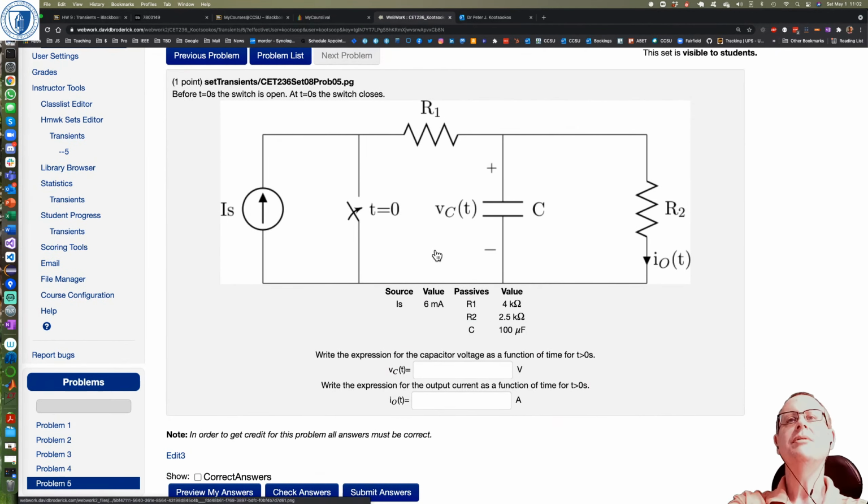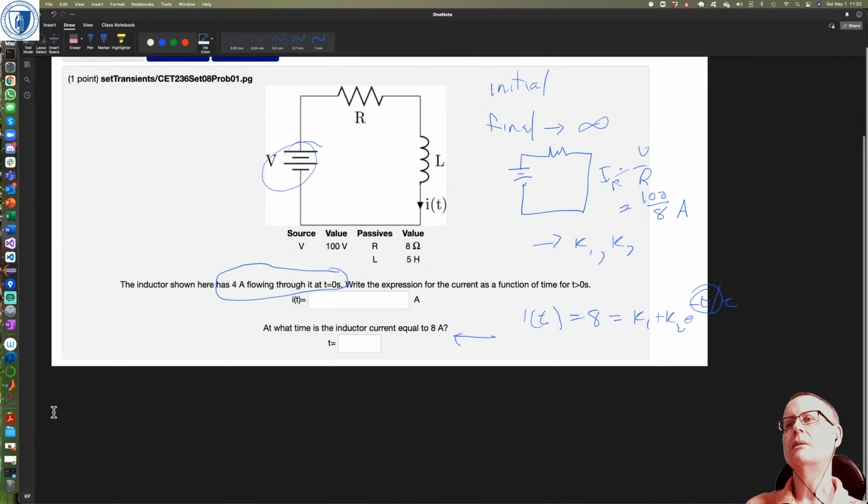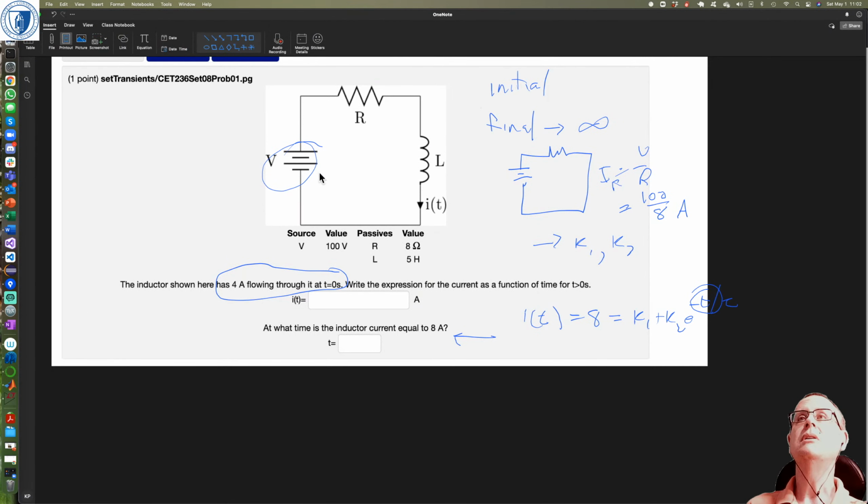Write an expression for the capacitor voltage as a function of time. Again, you've got to do the initial condition and final condition.